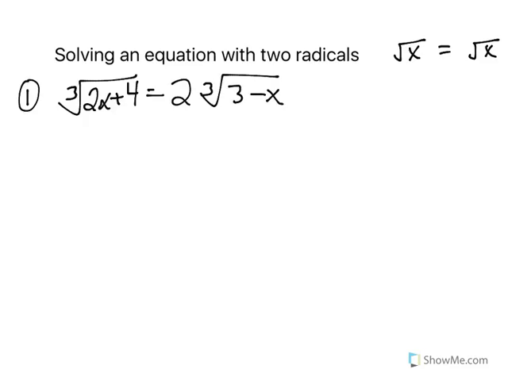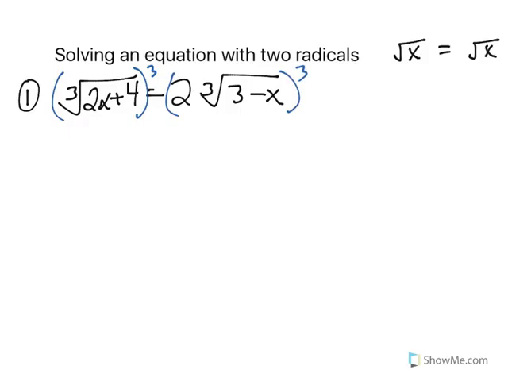So the radicals are already on opposite sides, which is what we want. We do have this 2 on the outside, and there's really nothing to do. I mean, if you divide both sides by 2, then you're going to have a fraction on the other side. So from here, what you want to do is get rid of the radical, and we just cube both sides.